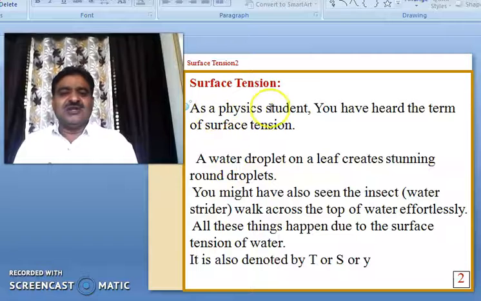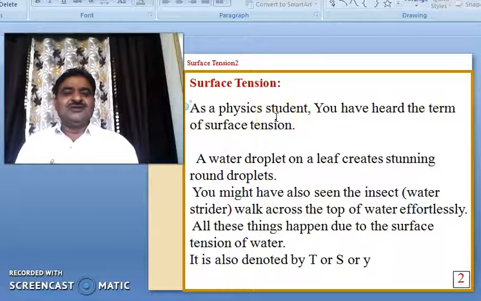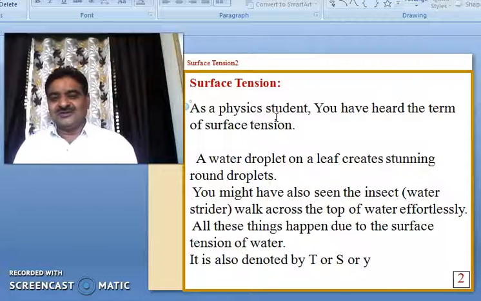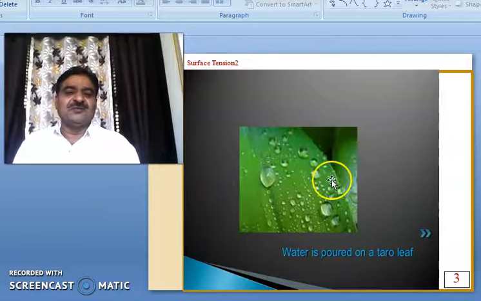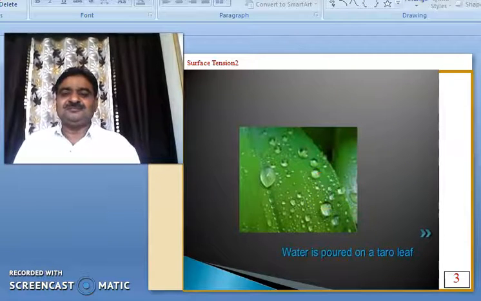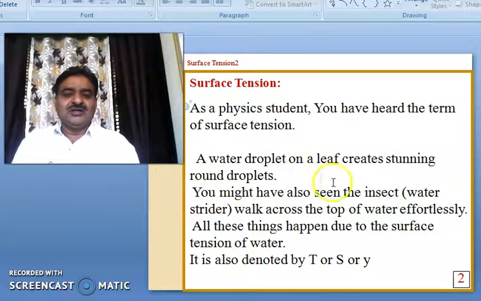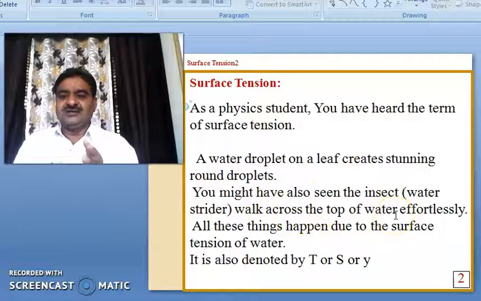Here, surface tension. As a physics student, you have heard the term surface tension. Yes or no? Yes. Water droplets on a leaf create stunning round droplets. You might have also seen the insects, water striders, walk across the top of the water effortlessly.